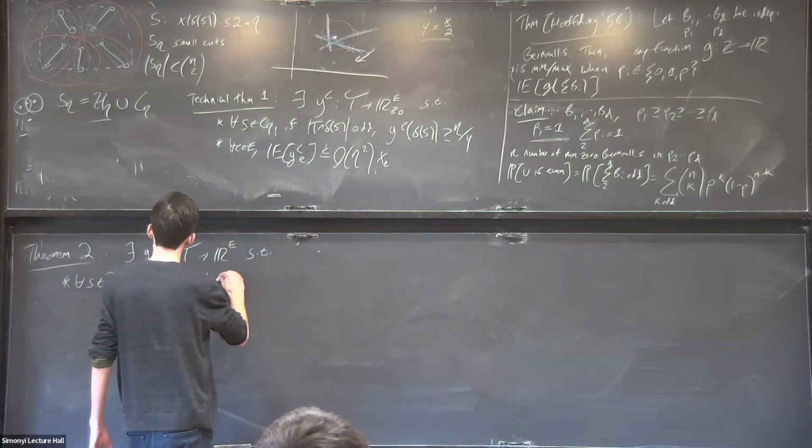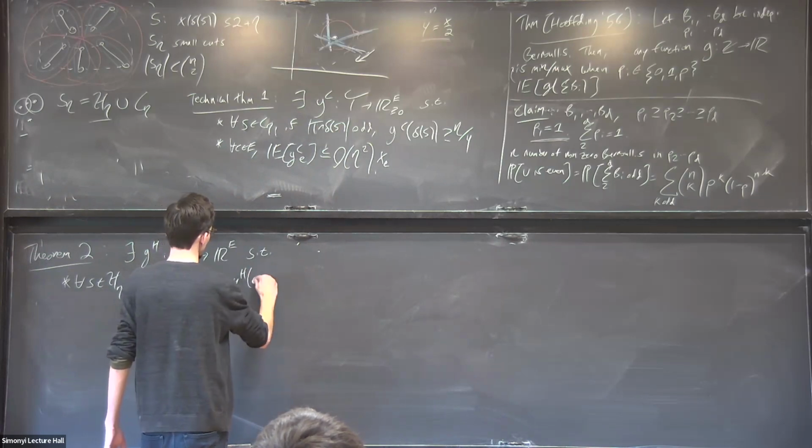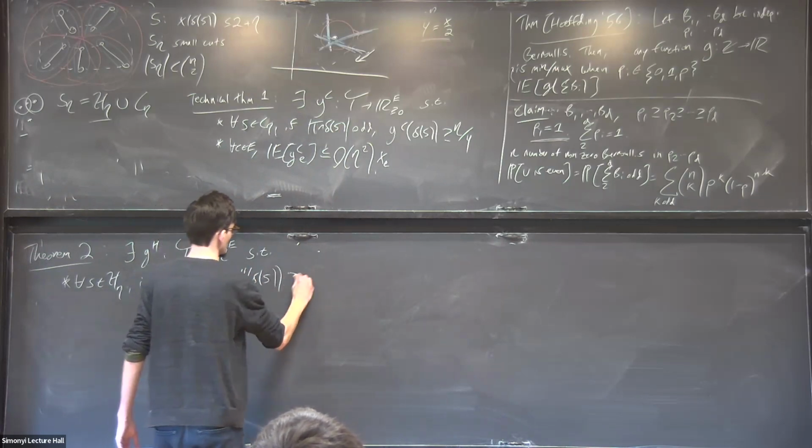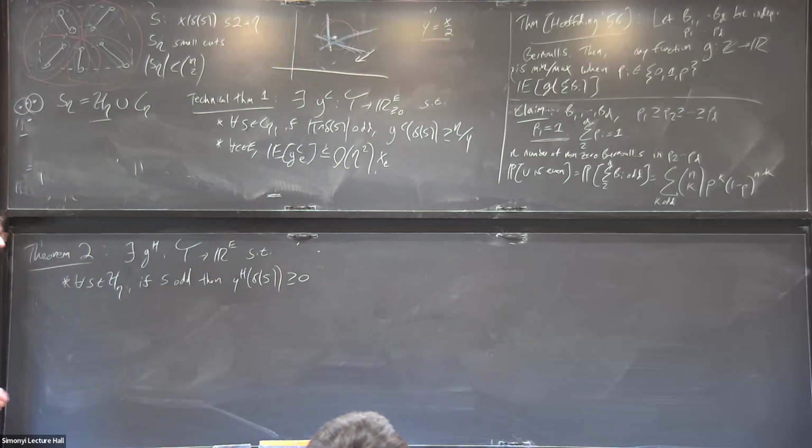Then the value of this vector on delta of S is non-negative. So in other words, this vector is not going to break any of the constraints in the hierarchy.